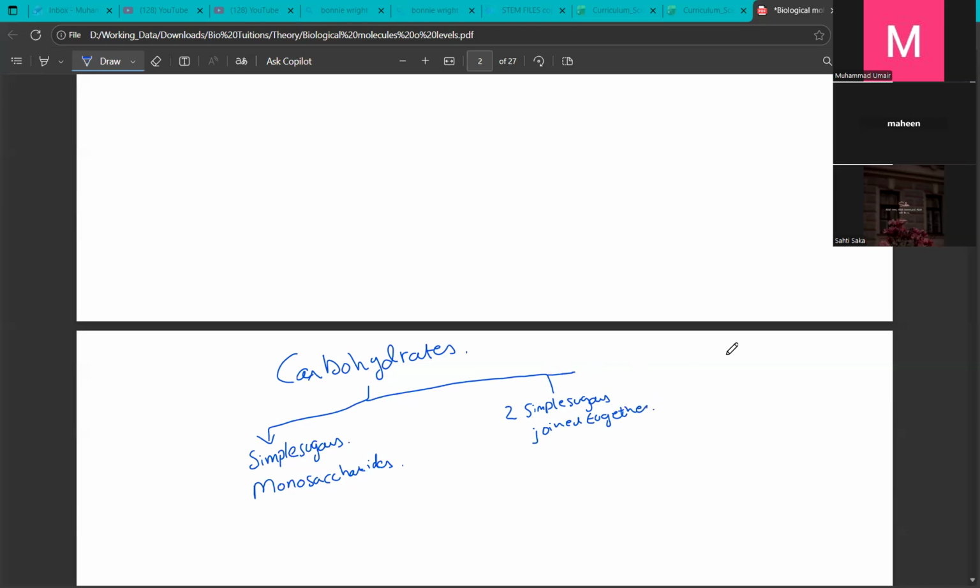And then we have complex carbohydrates. We'll get to this in a little bit as well. So yeah, these बस याद रखोगे तीन forms होते हैं. अच्छा. So simple sugars के अंदर, as Maheen said, one of them we have is what we know as glucose.